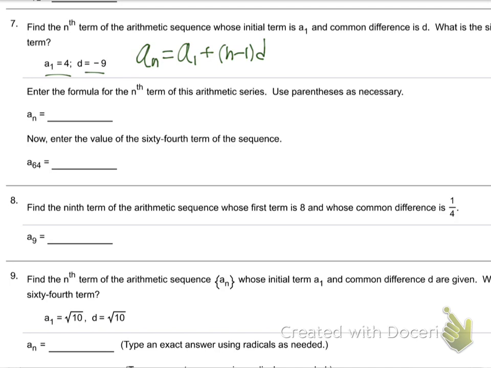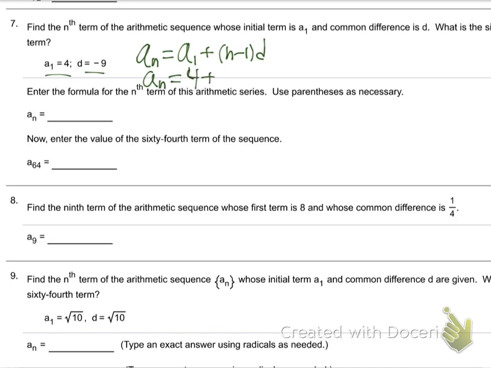Plug those in. Clean it up. Get the a sub n formula. And when you've got it, then you can do the second part easily. Jump to the 64th term. So a_1.